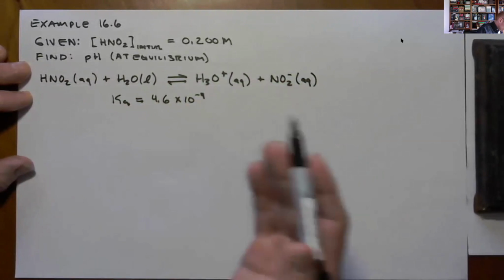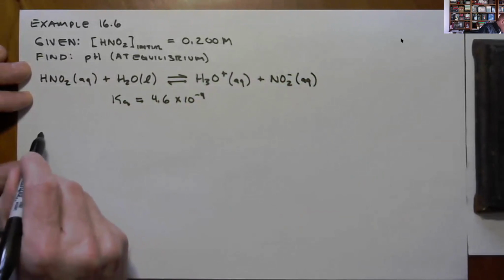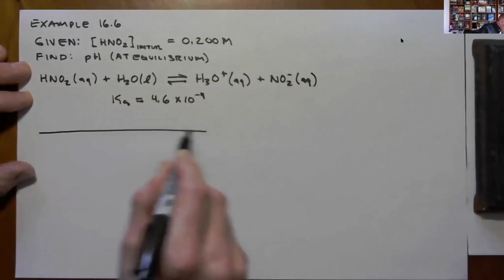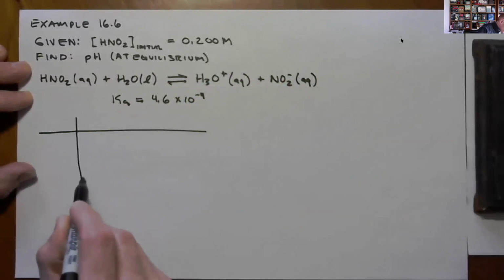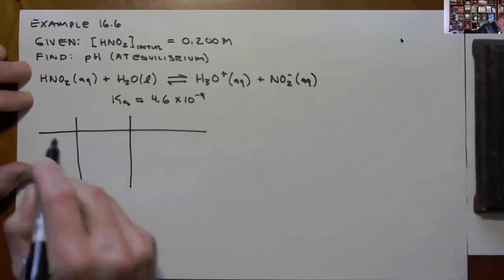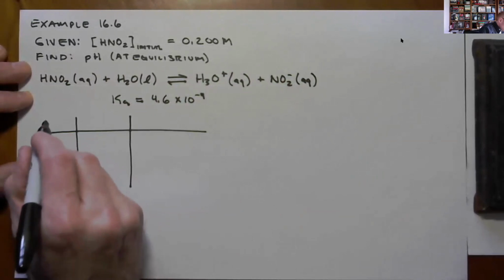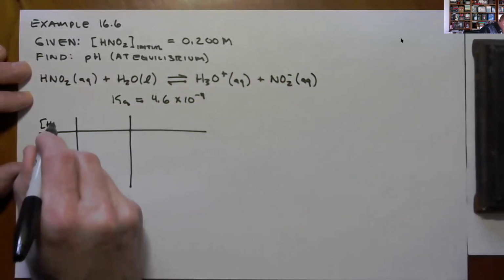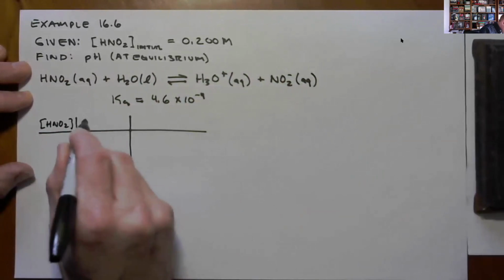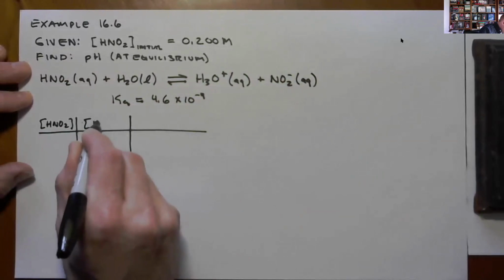All right, so what do we do? Well, we make up an ice table. With time, you can probably just cut to the chase.